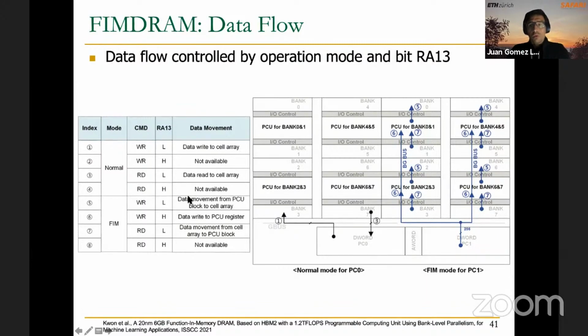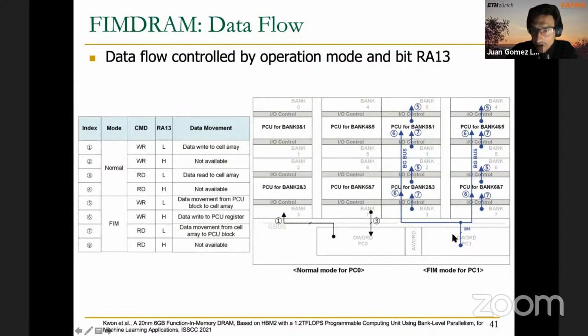Then we have the other 3 modes of operation, 5, 6, and 7, that either move data from the PCU block to the cell array. So this is write operation from the PIM unit to the bank, or data write to the PCU register.